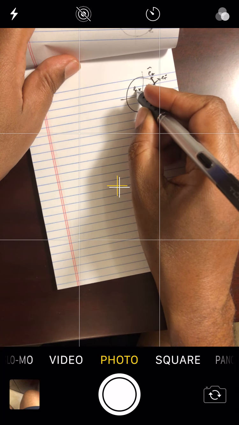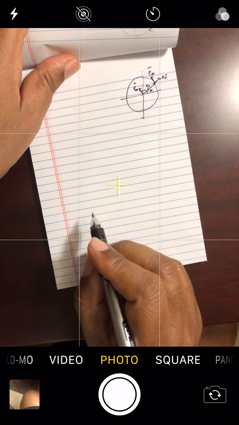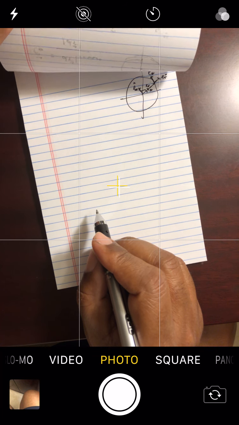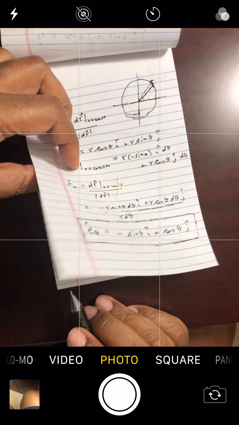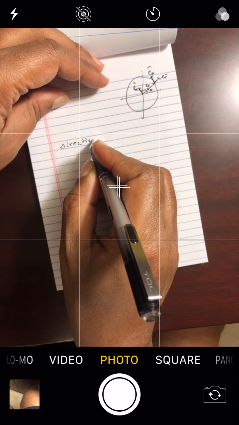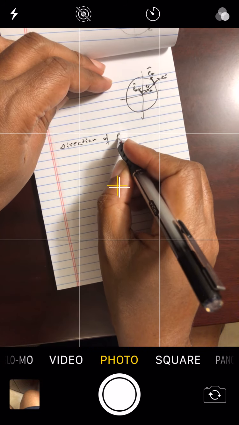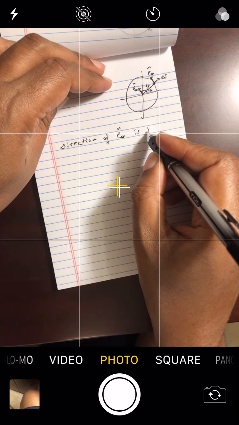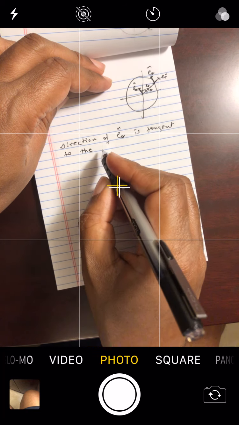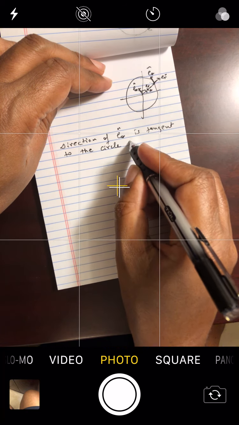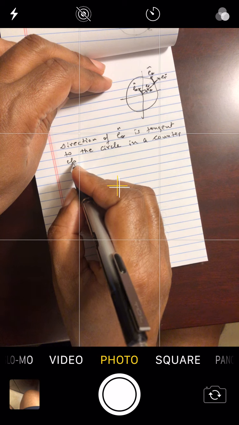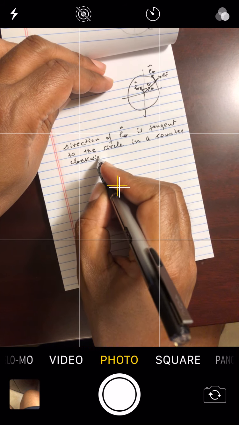E theta is perpendicular to this unit vector. So the direction of E theta is tangent to the circular trajectory, tangent to the circle in a counterclockwise direction.